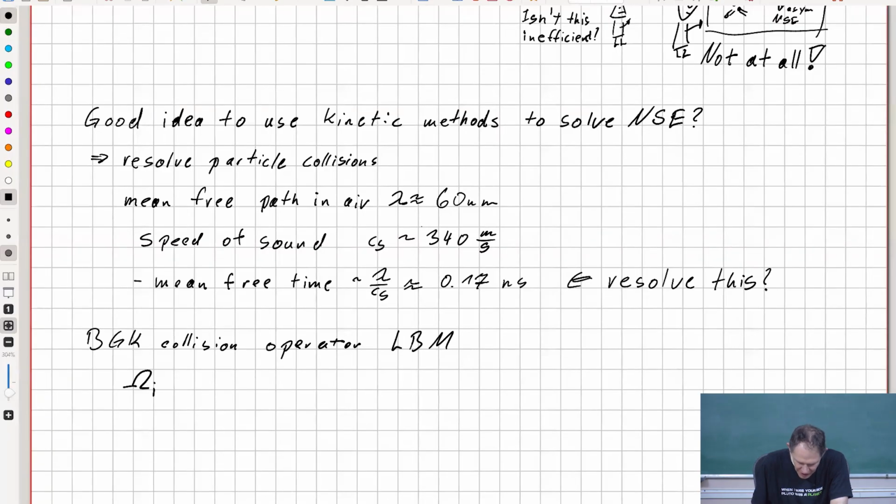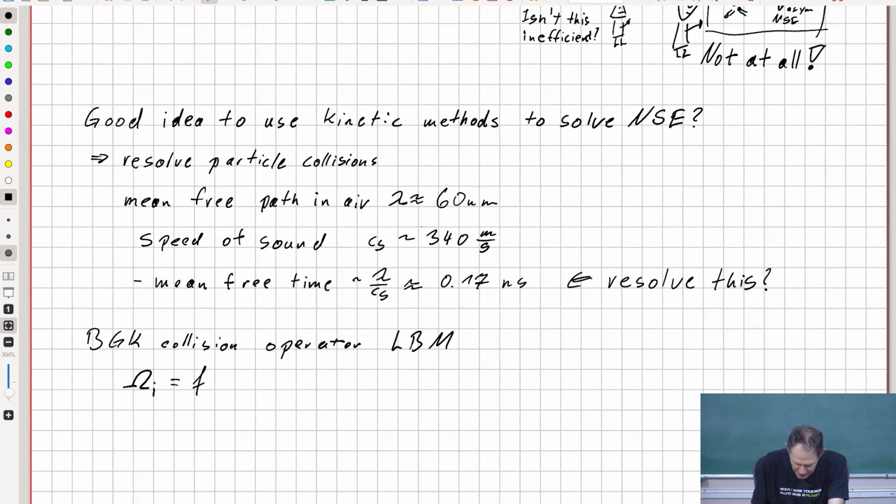Now we have this thing here that we call omega; my nomenclature is not always 100% consistent, because we like to call this the collision operator. Actually, from a mathematical point of view, it's not really an operator. This is what you have to add, the change in the distribution function due to collision. So it's an additive thing, not really an operator because it's not multiplied with the distribution. But anyway, we often call this the collision operator.